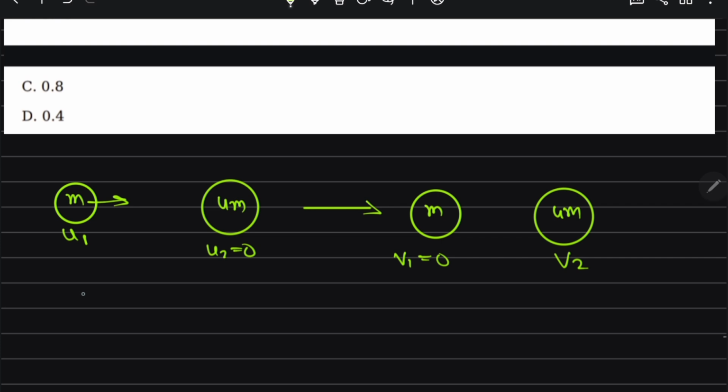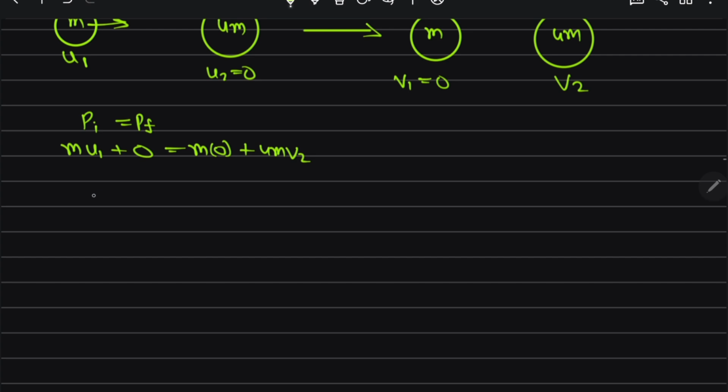So just apply conservation of momentum. P initial is equal to P final. m u1 plus 0 is equal to m times 0 plus 4m v2. So v2 upon u1, m is going to be cancelled, comes out to be 1 by 4.